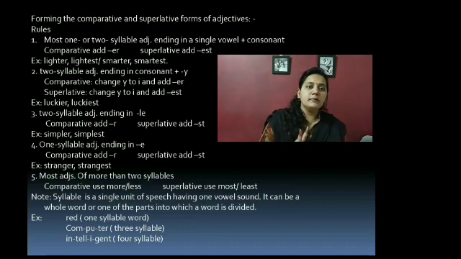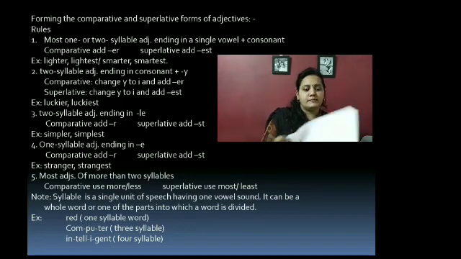If there is a two syllable adjective and the word ends with LE, then what you have to do is simply add R to that word, or ST to make it superlative. For example, simple, S-I-M-P-L-E, simple, it is ending with LE. Then you have to add R to make it comparative, simpler, and ST to make it superlative, that is simplest.